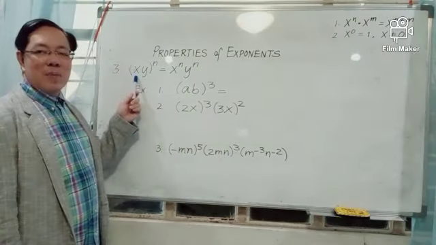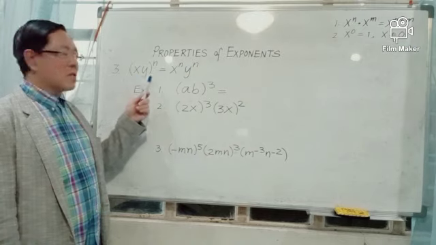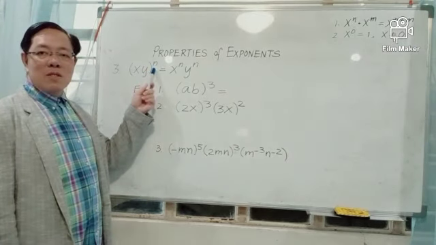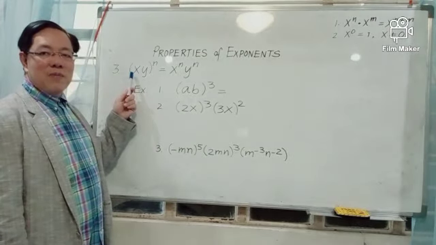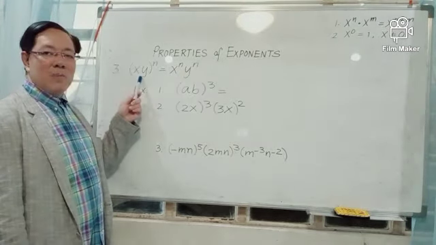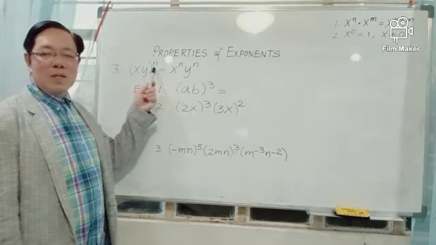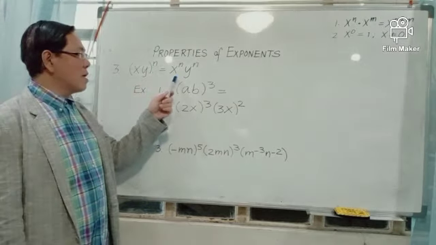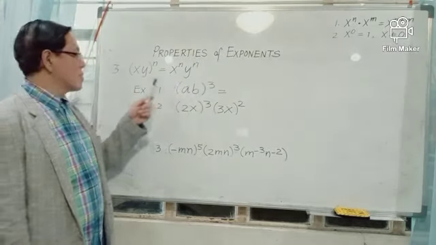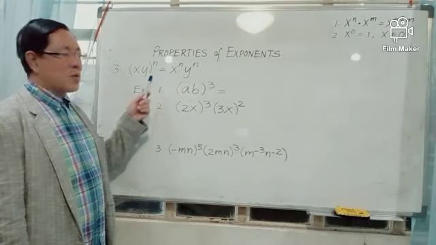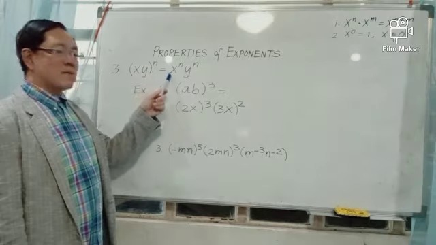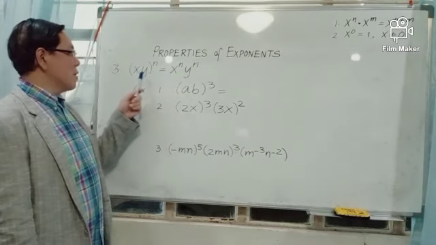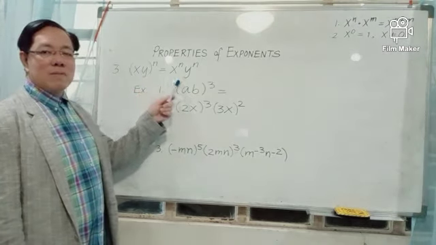So if you have a product of two variables raised to the same exponent, you raise each variable to the exponent n and multiply. Again, xy to the power n equals x to the power n multiplied by y to the power n.